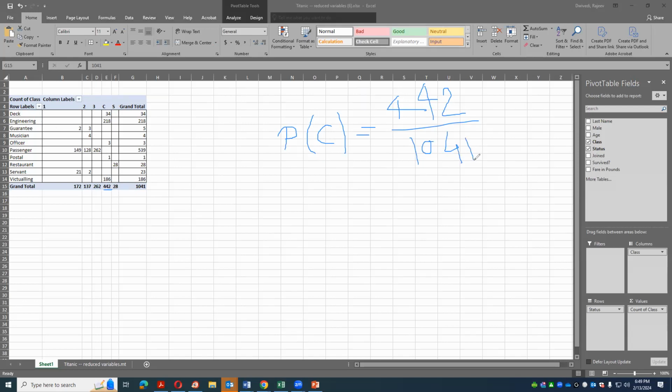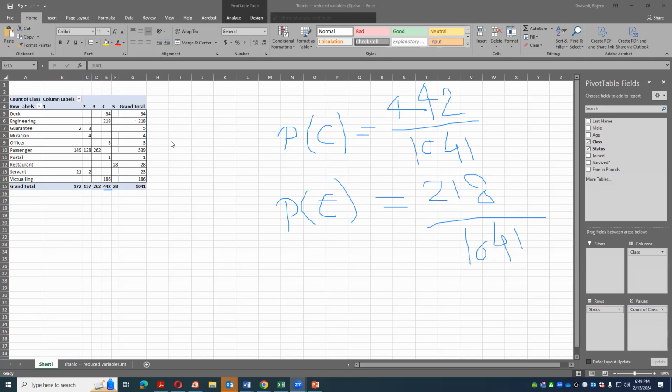This is the answer. What is the probability of engineering? Probability of engineering equals 218 divided by 1041. If you solve this, you get the answer. So this is simple probability.